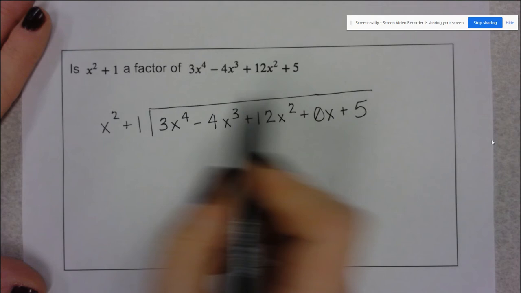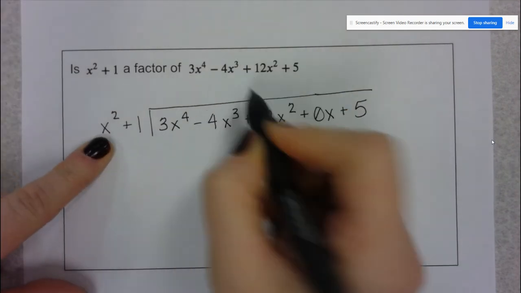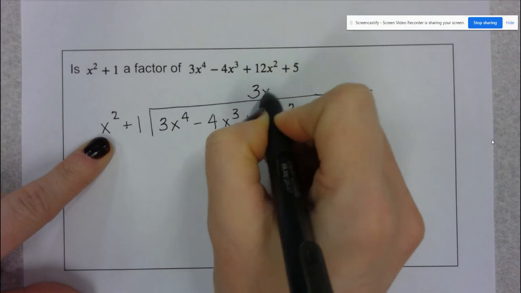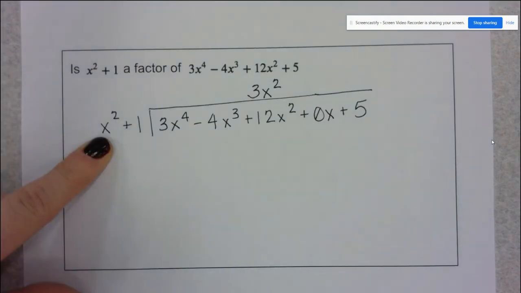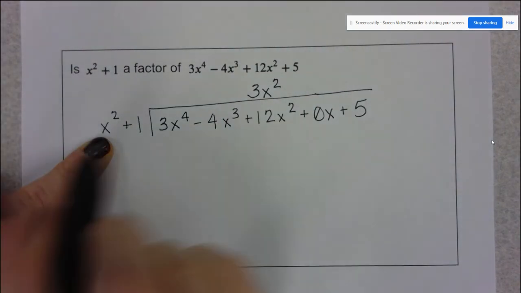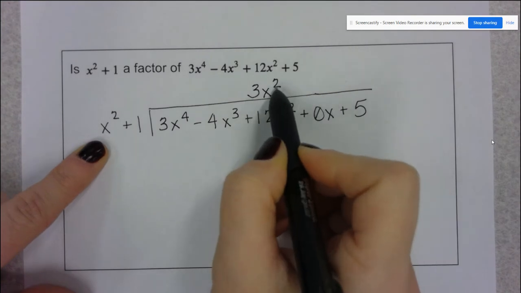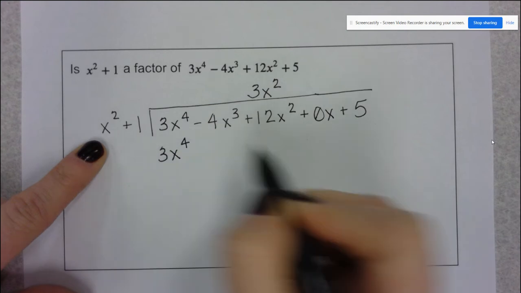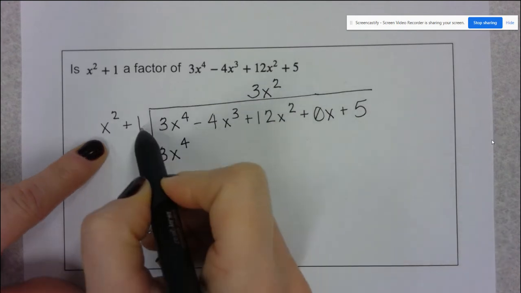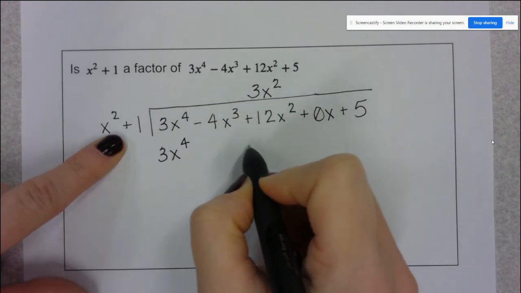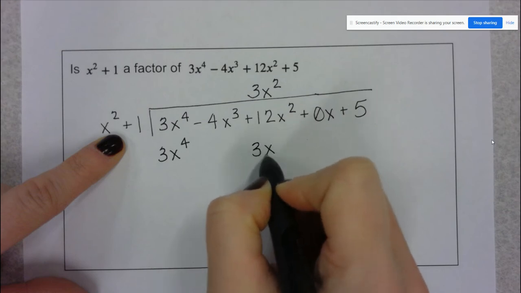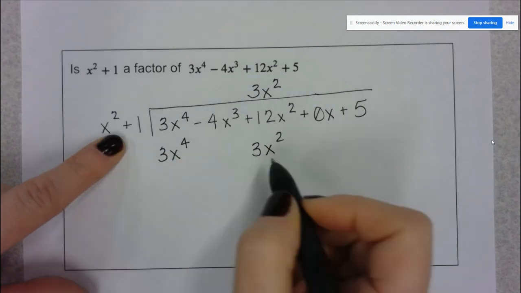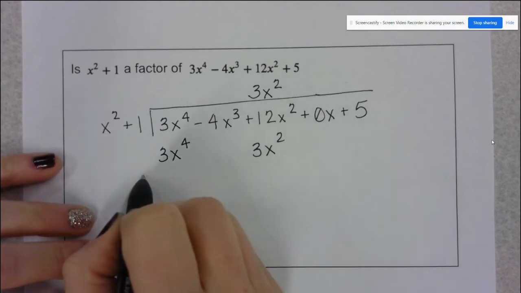Okay, so in order to get 3x to the 4th here, I need to multiply by a 3, and I also need to multiply by x squared. So 3x squared times x squared gives me 3x to the 4th. 3x squared times positive 1 gives me 3x squared.